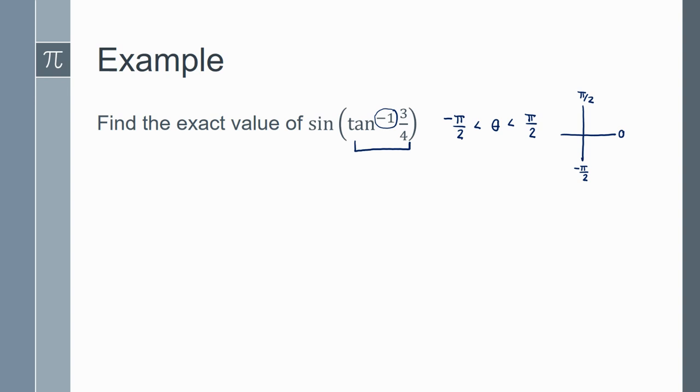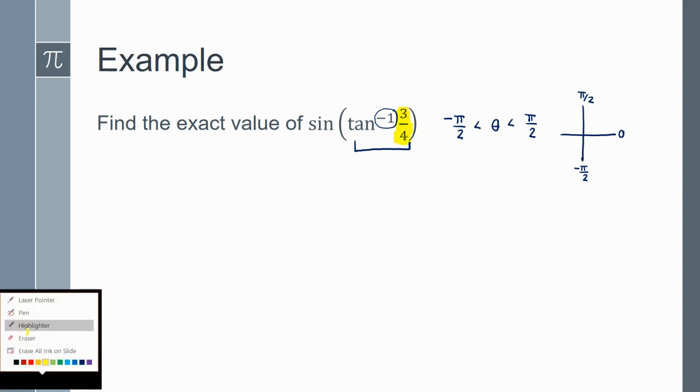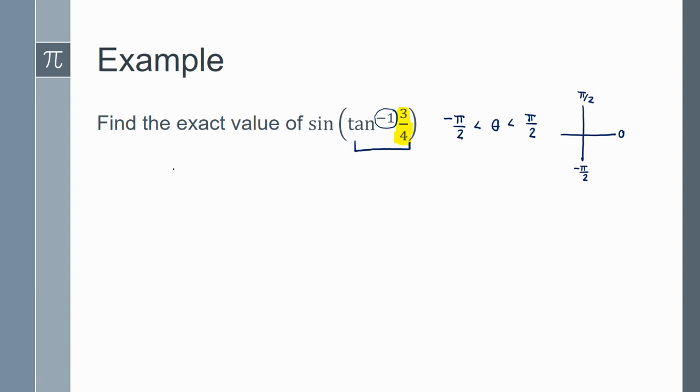Because we are dealing with a positive ratio, that helps us figure out what quadrant we're in. Because we're dealing with a positive 3/4, we're going to sketch a picture in the first quadrant.